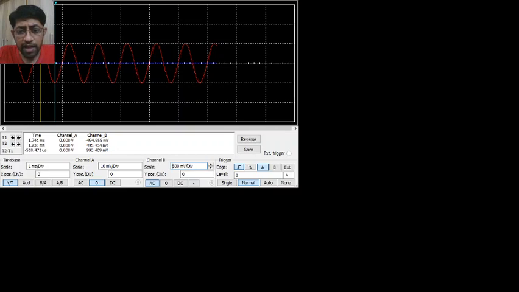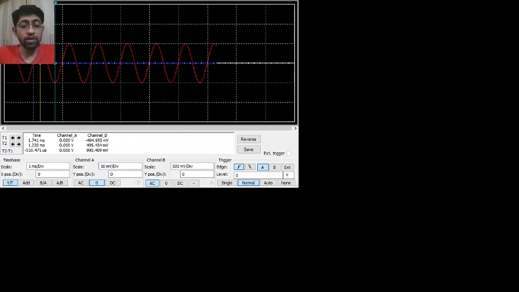Yes, 990.409 millivolt. Please write it down. So this one is our last reading.